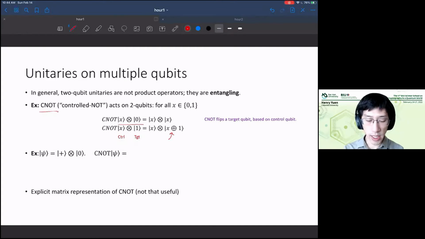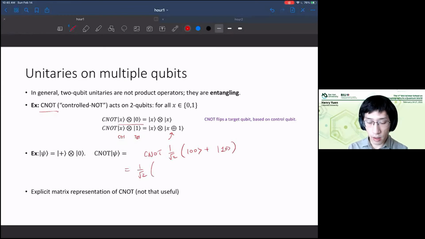Okay, a quick example. Let's say we now want to apply the C-NOT gate to not a classical basis state, but plus tensor 0. So we can open up what plus tensor 0 is. This is C-NOT applied to 1 over root 2 (|0,0⟩ + |1,0⟩). And then you can bring in the C-NOT by linearity.